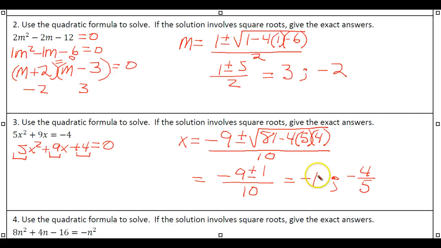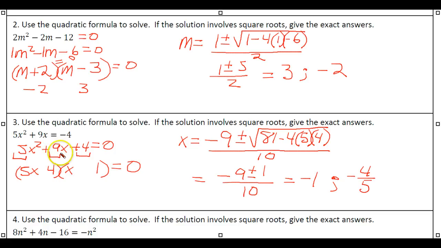Once again, if our answers come out like this, it is factorable. So we have 5x, x. Now we have to put the 4 there, and a 1 there. Okay.